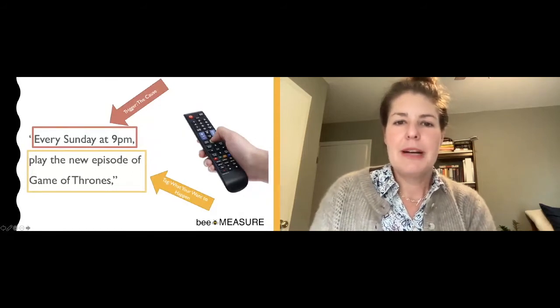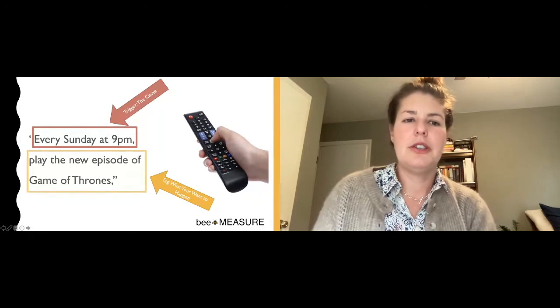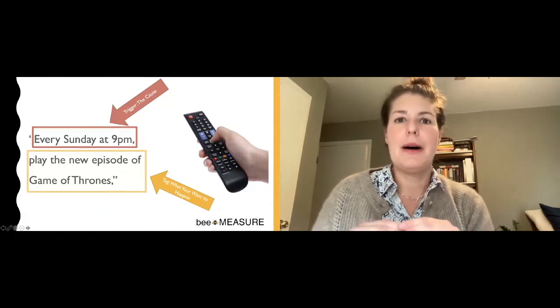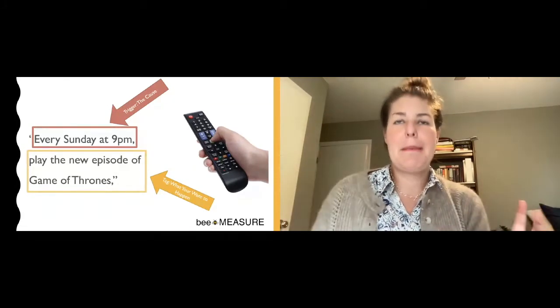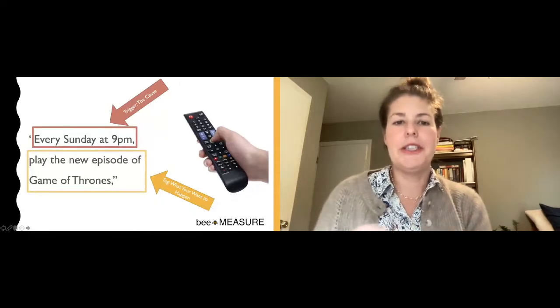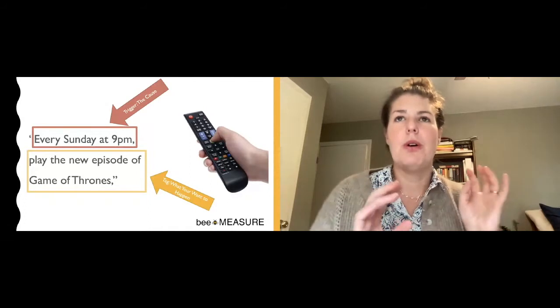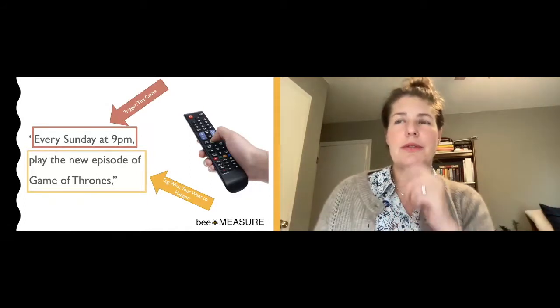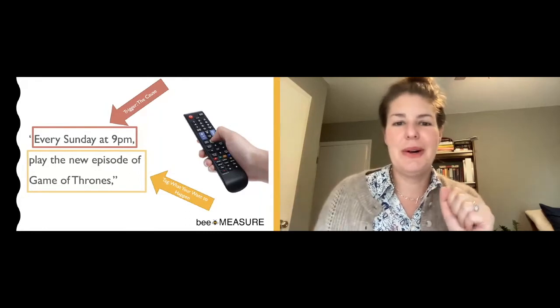You in Google Tag Manager, right? So back on the TV, you give it a cause, like, okay, every Sunday at 9 p.m. And then you tell it what you want to happen. Play the new episode of Game of Thrones or record the new episode of, I don't know, some sort of show.